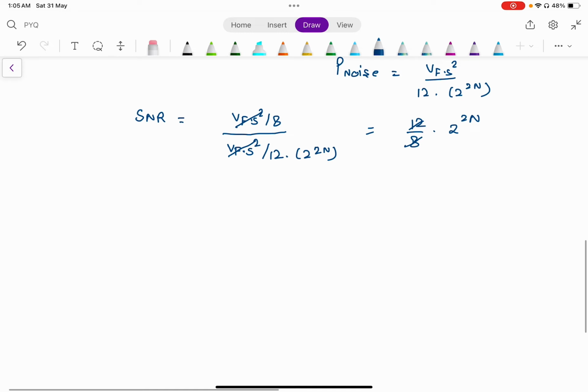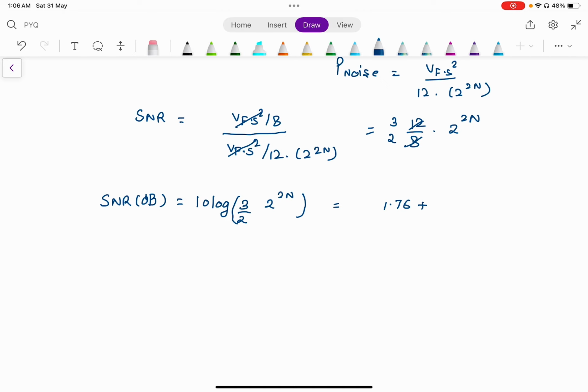This gets cancelled further to 3 by 2. So SNR in dB is equal to 10 log of 3 by 2 into 2 to the power 2n, which comes out to be 1.76 plus 6.02 n. Here this formula came.